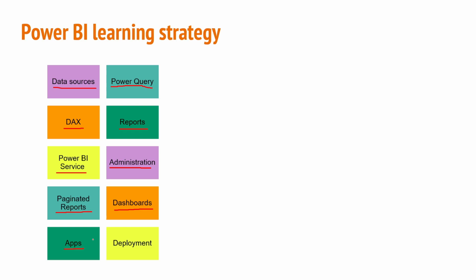Even multiple reports we can package into one app. Then we have a deployment part. Once we create any reports or data sets, how can we deploy them from one environment to another. So at a high level, these are the different parts that we need to learn when we start learning Power BI. Now let us see sequentially how we can approach these different parts.